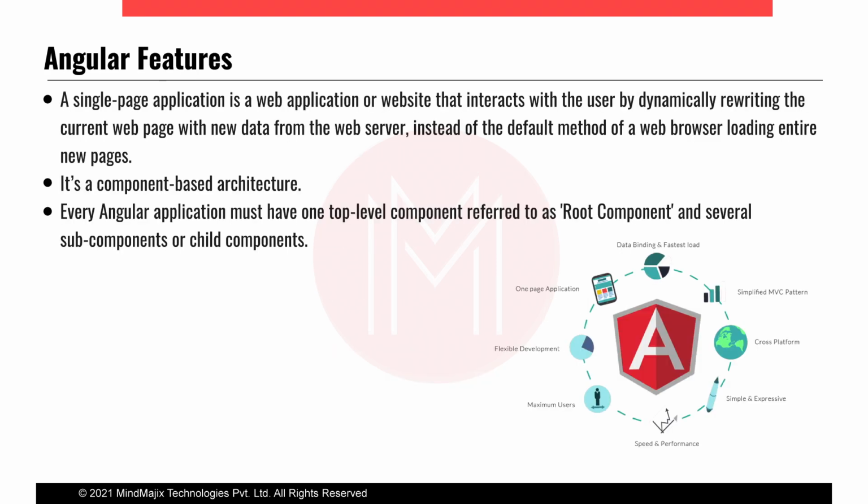Coming to features. So we have seen what is Angular, and we have seen the versions that have been introduced so far, and let's see what the features are that are majorly involved in Angular. Okay, so these are all the major features: data binding and faster load, simplified MVC pattern.